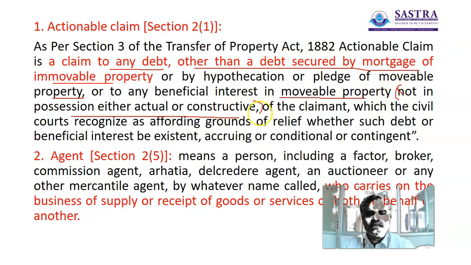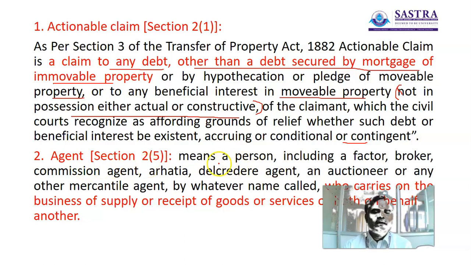When you have possession, it is actionable claim, which a civil court recognizes as affording grounds of relief when such debt or beneficial interest is existent, accruing, conditional or contingent. So simply you have to understand here, actionable claim is nothing but unsecured creditors.